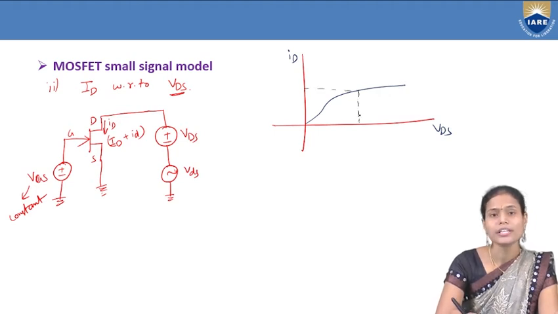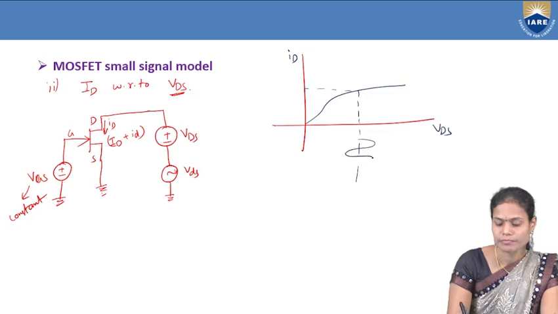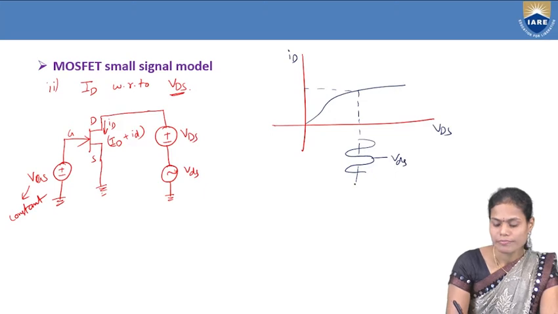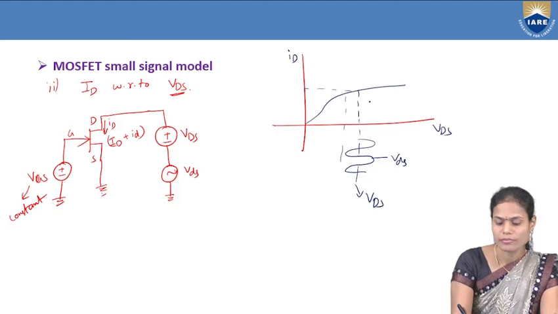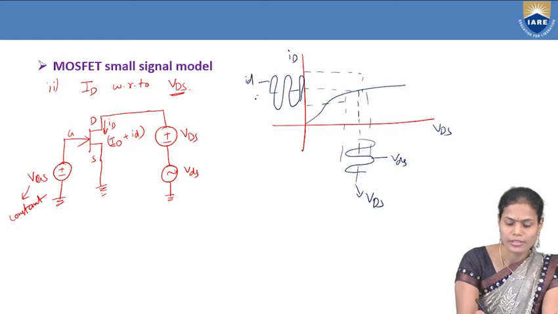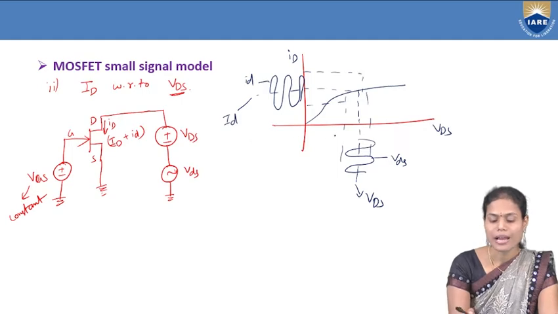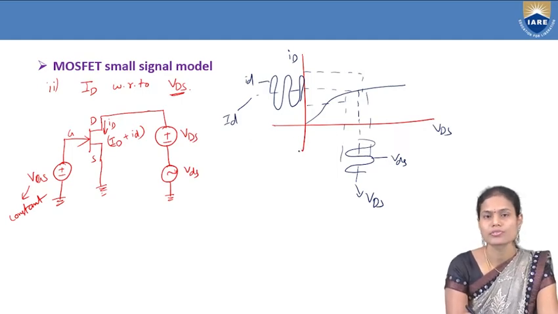If we take any one particular point on the curve and if we apply the voltage here, and this is the small vds and this is the capital VDS, this input signal we are providing, and correspondingly we will get the drain current as again small id as well as capital ID, the sum of both the AC and DC signals. But this is the amplified version of the applied DS voltage.